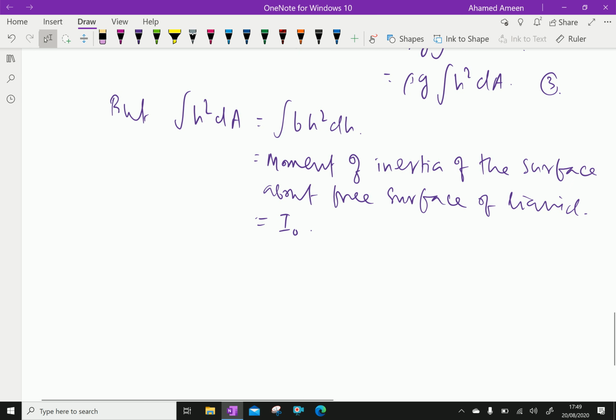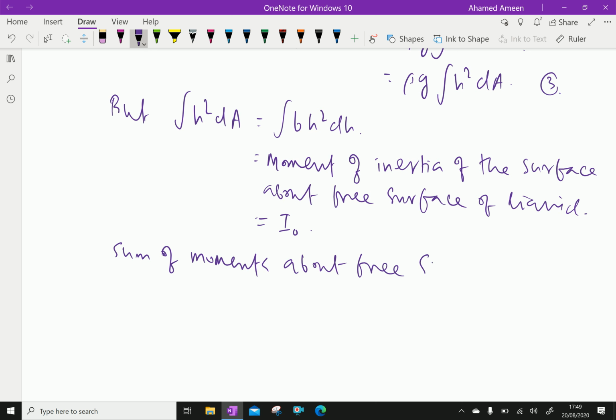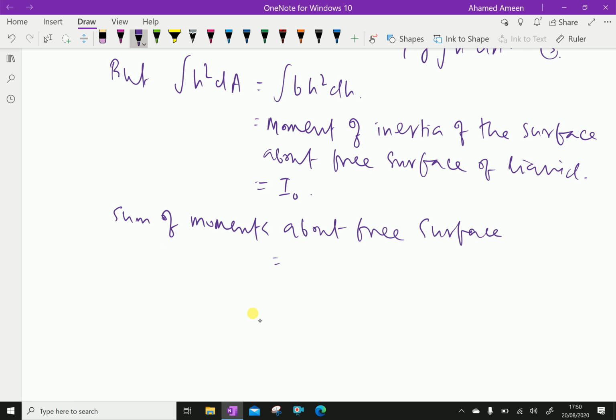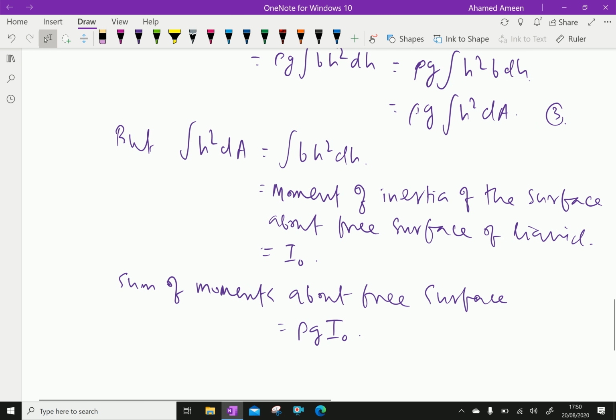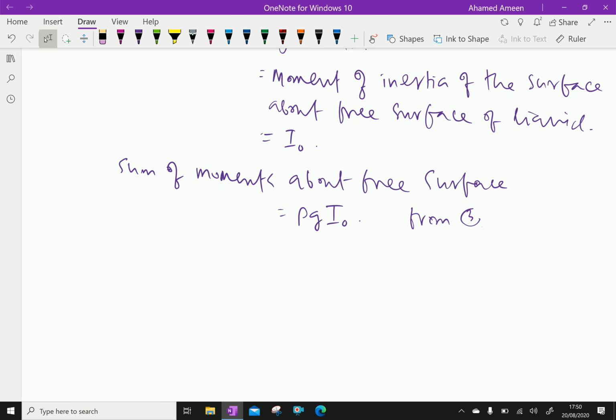Therefore the sum of moments about the free surface is equal to rho g I0, from equation 3.